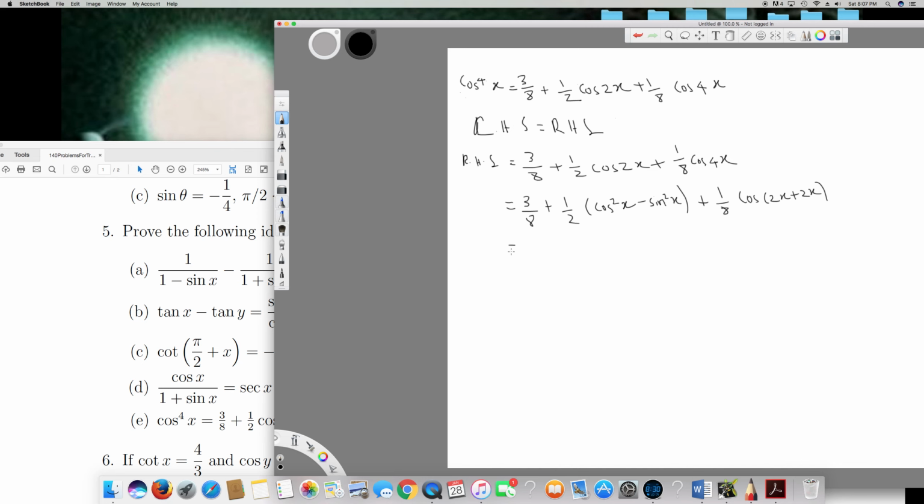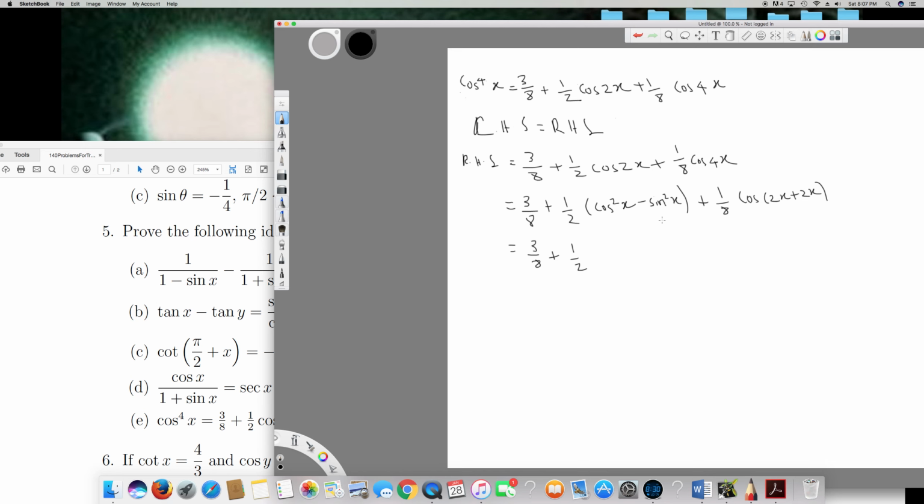And the next step, 3 over 8 plus half. Since the left hand side is cos to the power of 4x, we have nothing to do with sin square x.